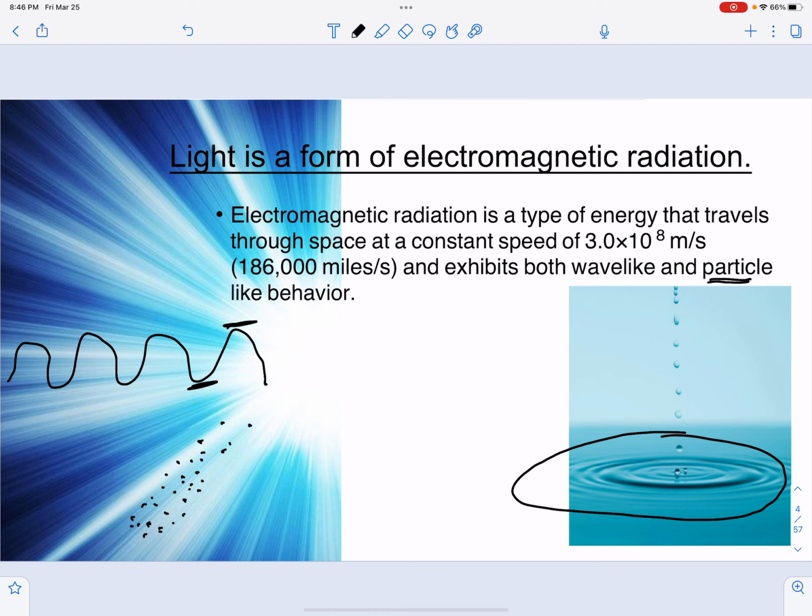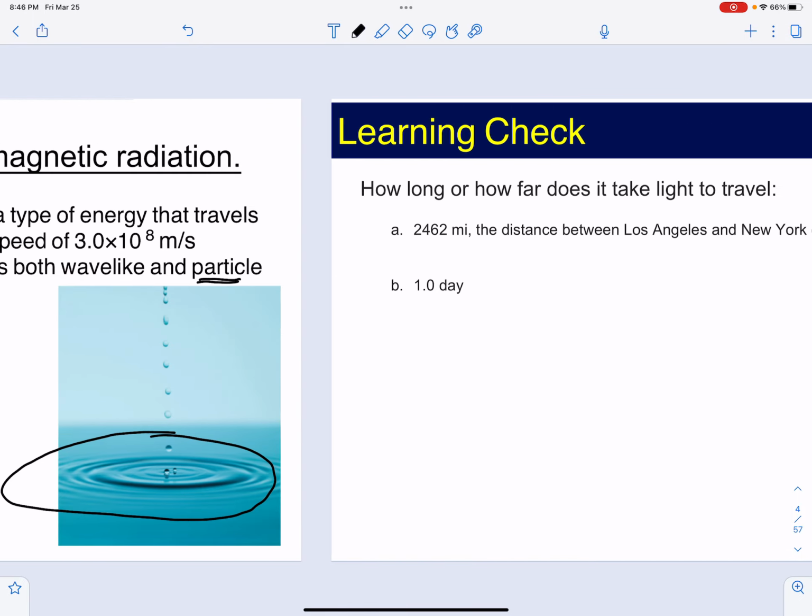Scientists have done experiments where the behavior of light can only be explained if we believe they're little tiny particles. And there are other behaviors that can only be explained if we believe light is like a wave. So we call that the duality of the properties. So whenever we talk about light, we have to understand the terms we use to describe light as a wave and the terms we use to describe light as particles. So that's what we're going to do.